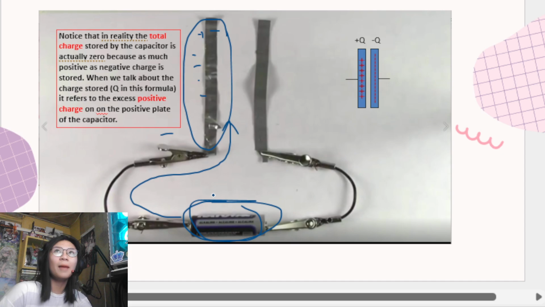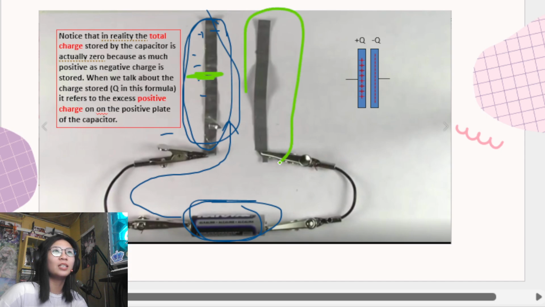Then what happens? Because of our electric interaction, or electric force or attraction, like charges repel and opposite charges attract. Since this part here becomes negative, ang mga electron ani na part will be repelled. Malayo sila.